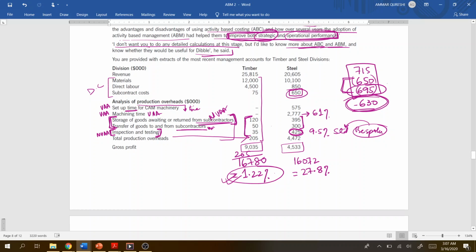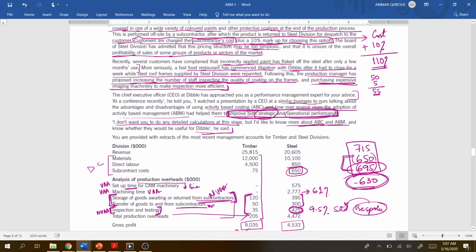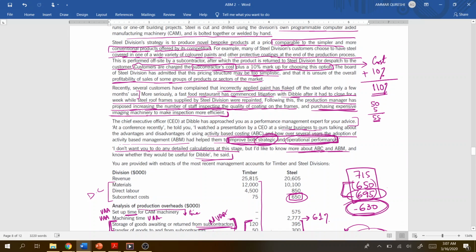And one more thing the company can do, if the overall product is very complicated, is to think of redesigning or restructuring the product. If a customer comes up with a product, then we should try to minimize its overall design so that it contains low cost. Because the more complicated the product, the more cost you have to incur.